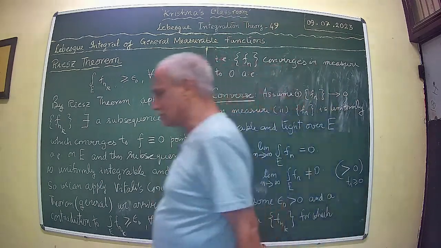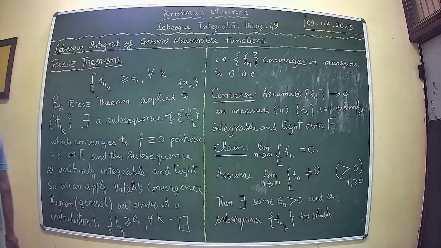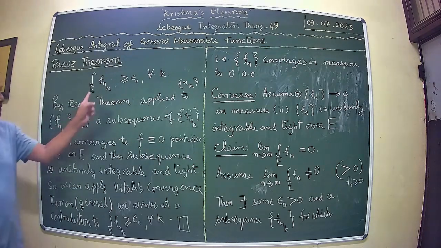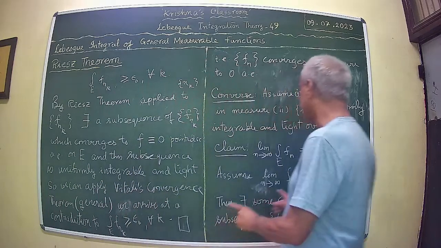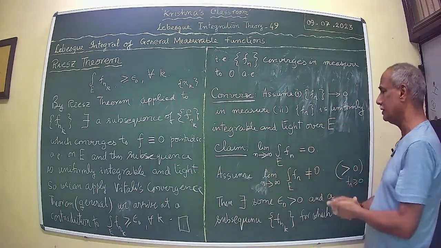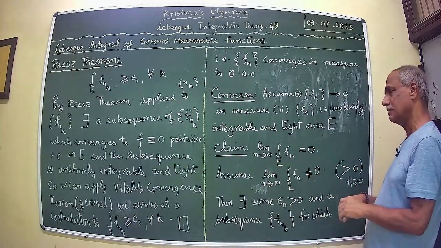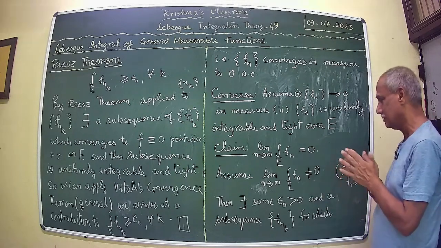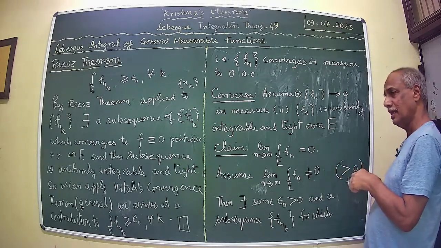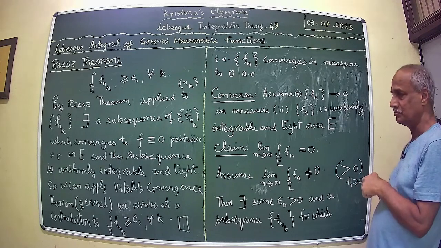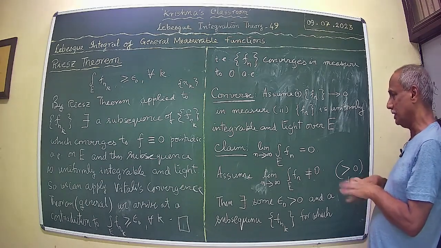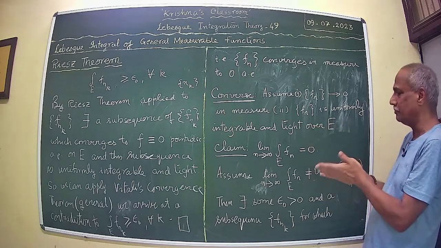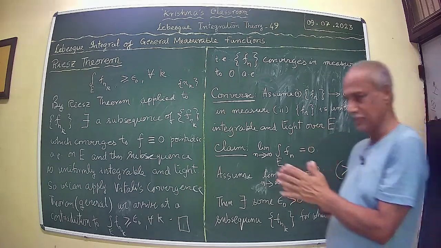The objective is this: it means that you can interchange the limiting process and the integration. So in general, suppose Fn converges to F, then you can work on F minus Fn.